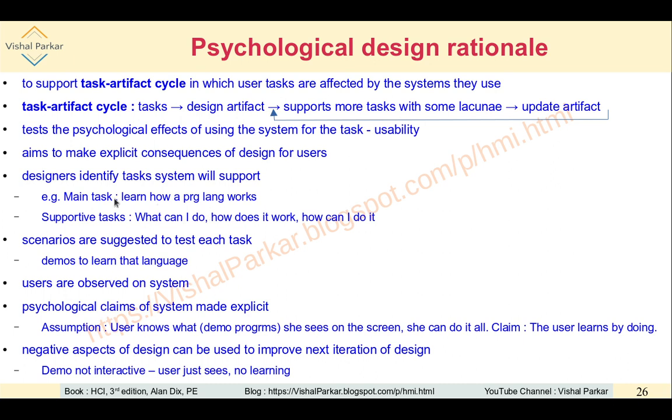How that language works, that's a main task. Now supportive tasks are also identified. What the user is trying to identify, what can I do with that programming language, how that particular approach or functionality works, how that functionality can be used or implemented by me, how can I do it. So these are the tasks or subtasks identified.